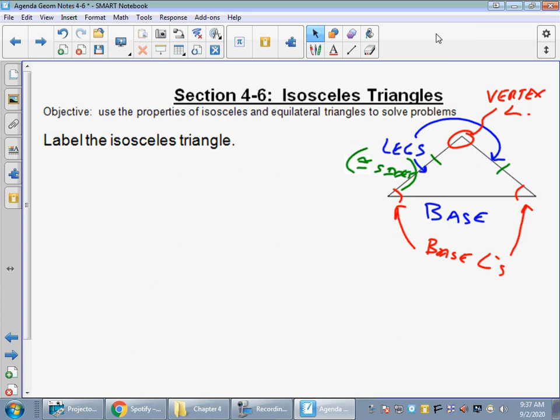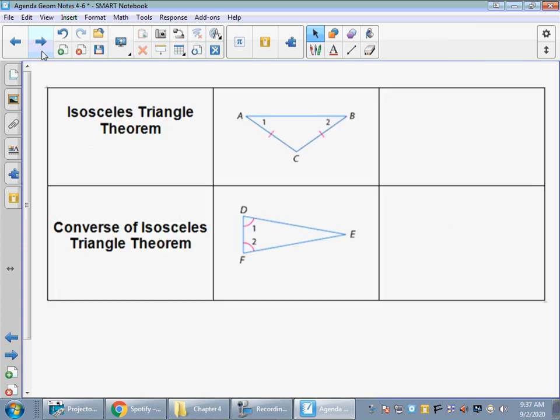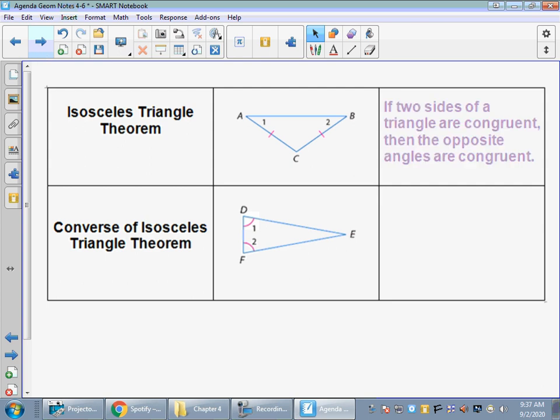Okay, so let's talk about a couple theorems with isosceles triangles. First, the isosceles triangle theorem, and that basically states that if two sides of a triangle are congruent, then the opposite angles are congruent. So if we look at vertex A and B, and those angles, it says if two sides of the triangle are congruent, then the angles opposite those are congruent.